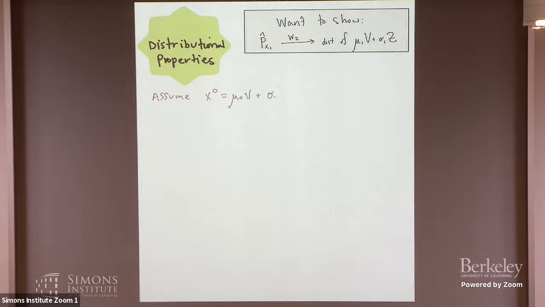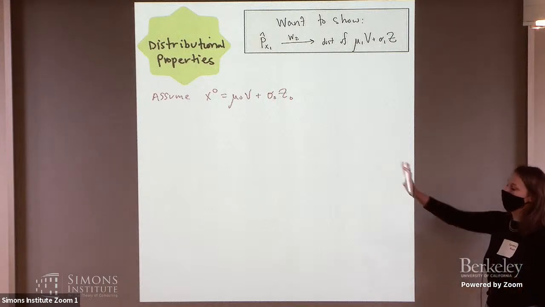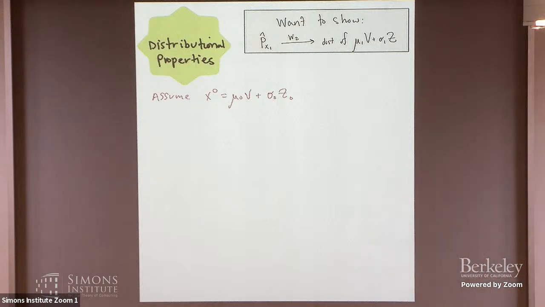In practice, we'll talk about it, but let me cheat for right now and say that I can initialize with something correlated with the truth. So here I'm thinking of Z0 being a vector of Gaussians independent of V, my signal.